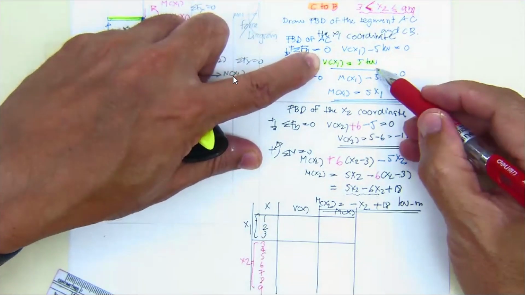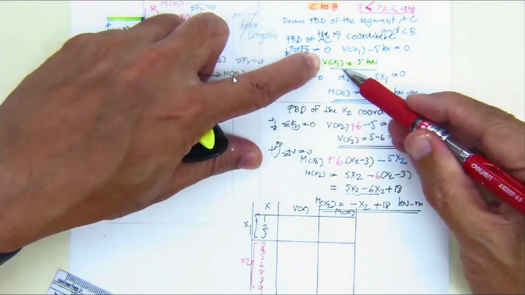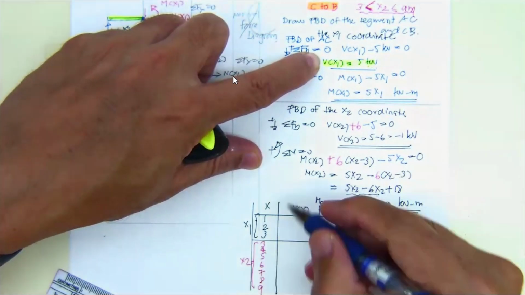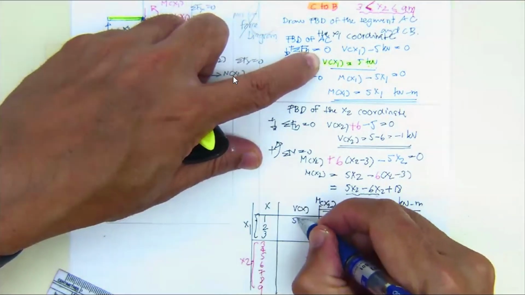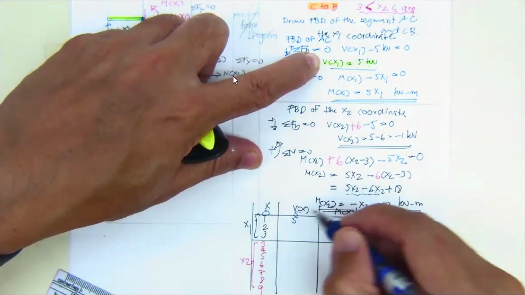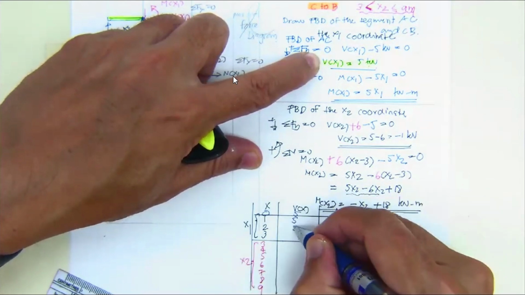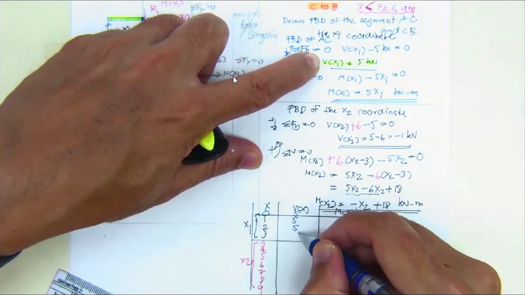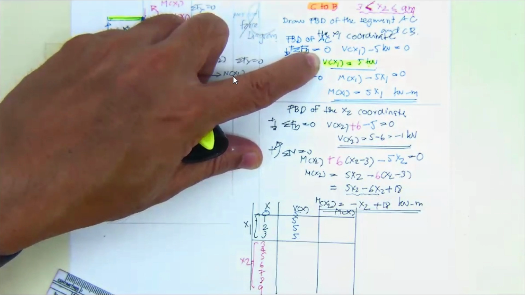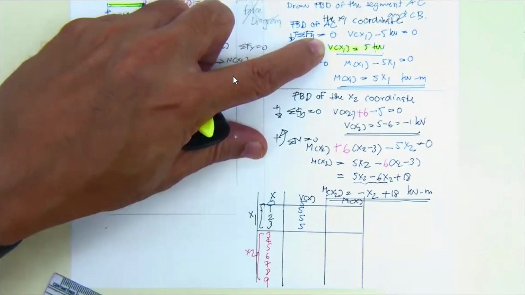This is only x1. V sub x1 is a constant, so this is going to be 5. Even though it starts with 0, it's going to be 5, at 1 meter 5, 2 meter 5, 3 meter 5. No matter what x1 is, they are constant.